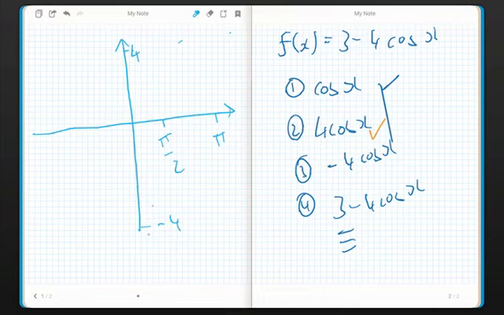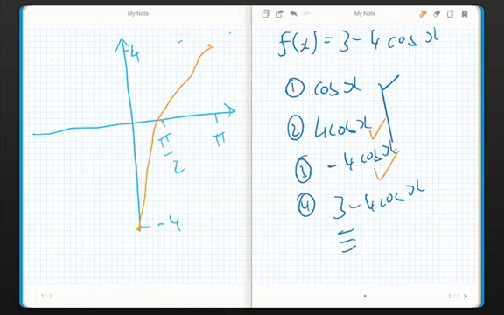So at 0, it'll become minus 4. So let me just change the color. At pi by 2, it'll stay 0. At pi, it'll become 4 because minus 1 into minus 4 is 4. So the whole thing is reflected. Sorry, this didn't go through that point, but you get the idea.